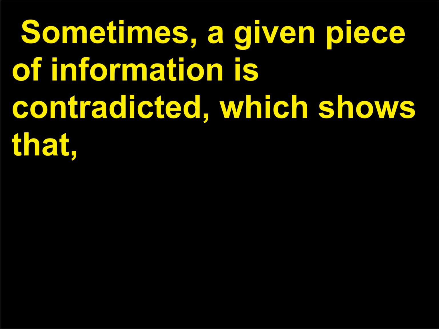Sometimes, a given piece of information is contradicted, which shows that since the assumption leads to a false conclusion, the assumption must be false. If the assumption is false, the opposite of the conclusion one is trying to prove, then it is known that the goal conclusion must be true. All of this has therefore been shown indirectly.